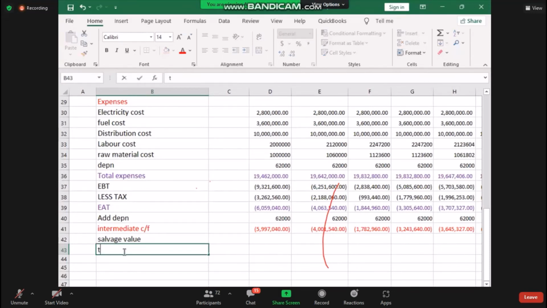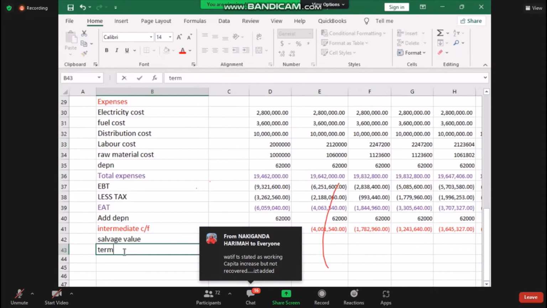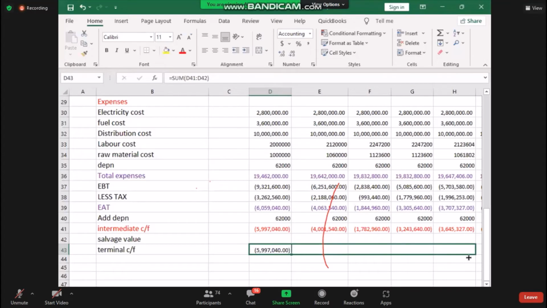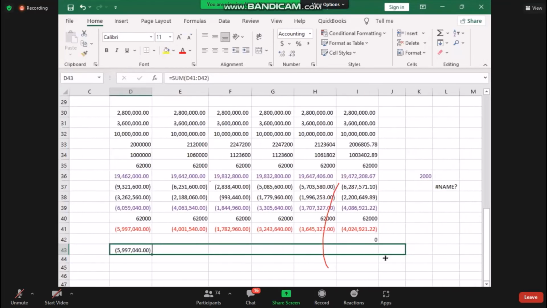So the final terminal cash flow is going to be the sum of what I have here. Enter, and then I auto fill, like this up to there.